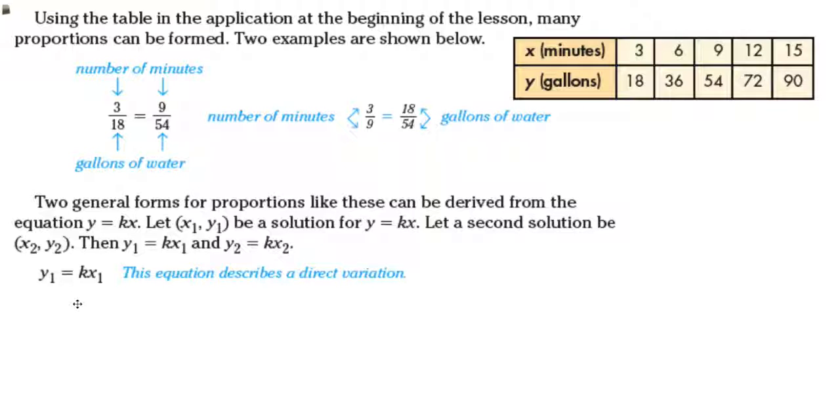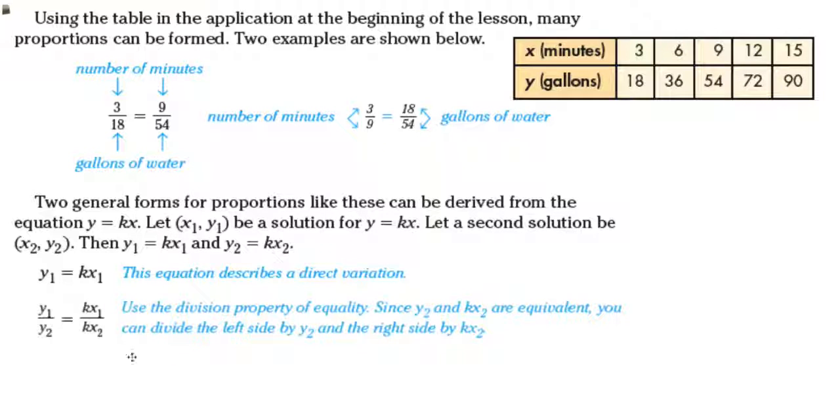We can use the division property of equality, since y sub 2 and k x sub 2 are equivalent. You can divide the left side by y sub 2 and the right side by k x sub 2.